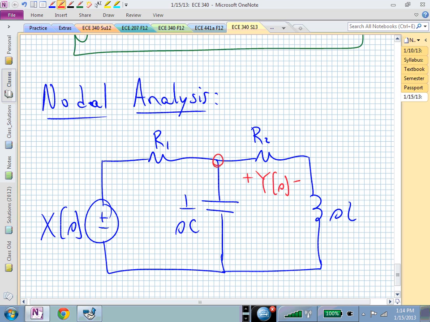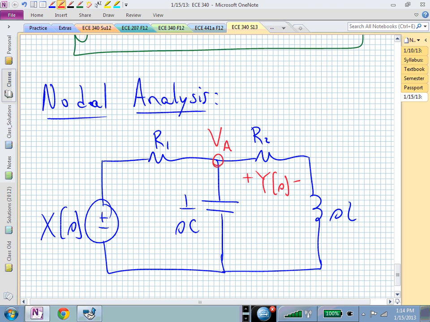So let me just call this V sub A, so we don't get all these C's mixed up. With this reference node down at the bottom, that's my capacitor voltage in the frequency domain. This voltage V sub A is what I'm trying to solve for.